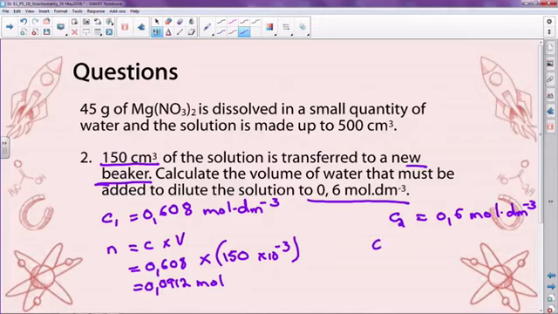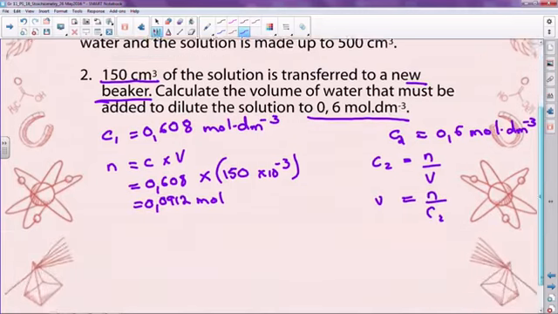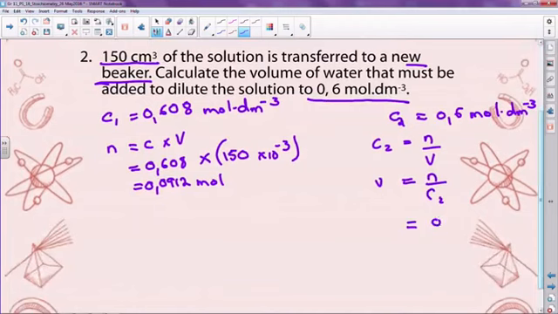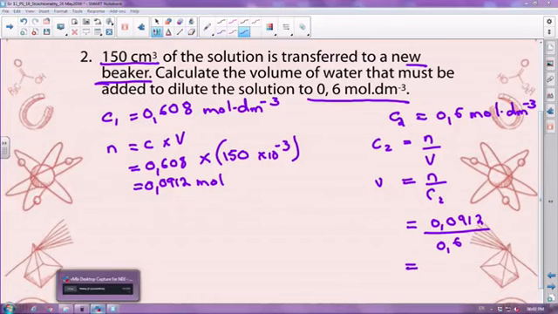So now my C2 is moles divided by volume. I want to know what my new volume is going to be. So volume is equal to moles divided by concentration. My moles is 0.0912. I'm going to divide that by 0.6, and we're going to end up with a new volume.